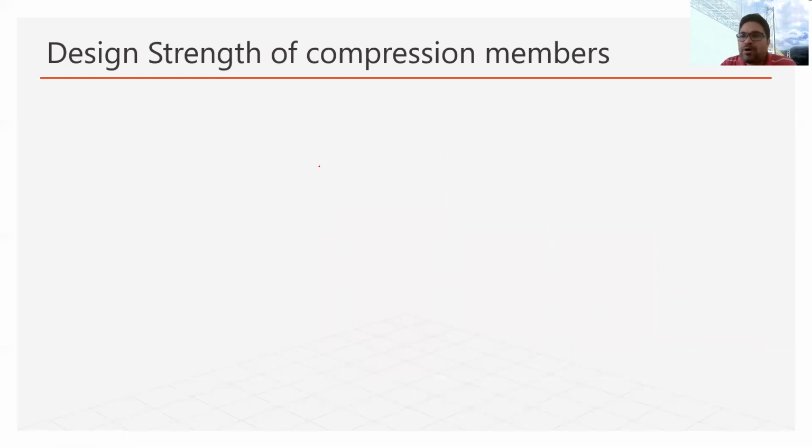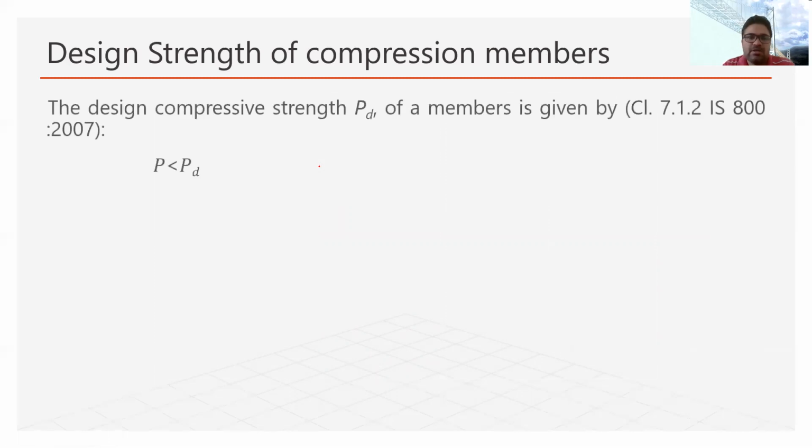Now we will talk about the design strength of the compression member. Now we will see how we find out the design strength of a compression member. In any case, this condition should be followed: P is the factored compressive load, and PD is the design strength.